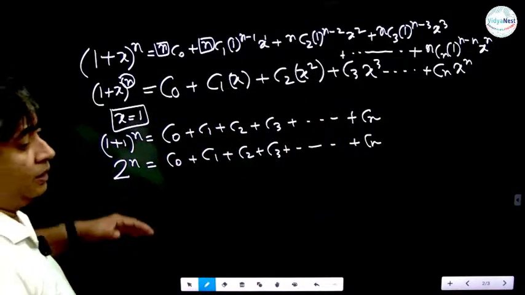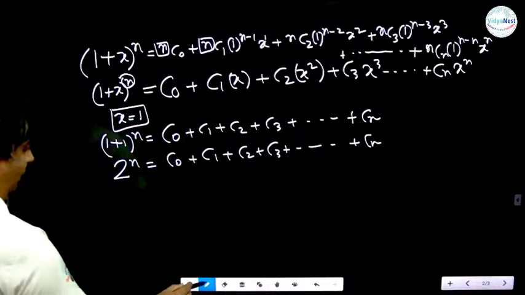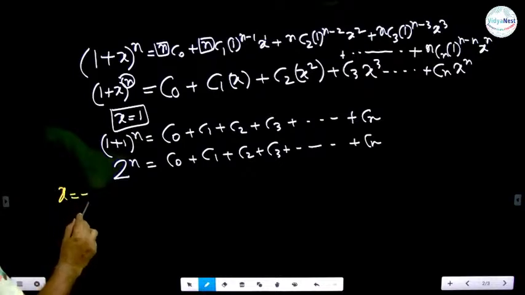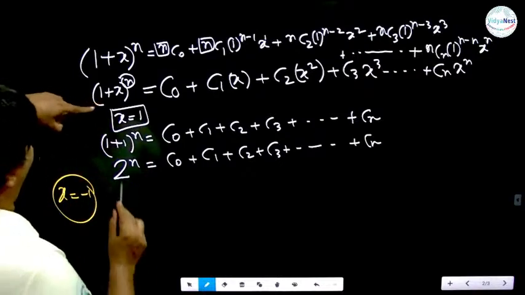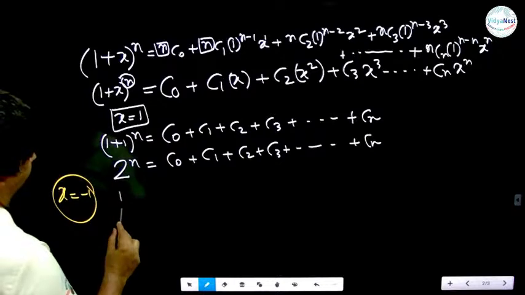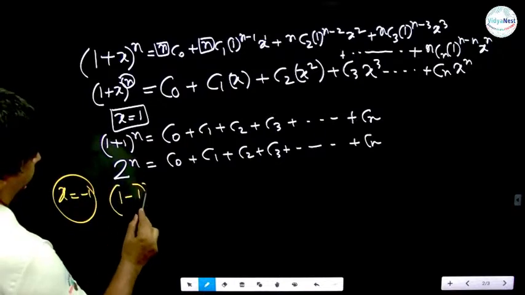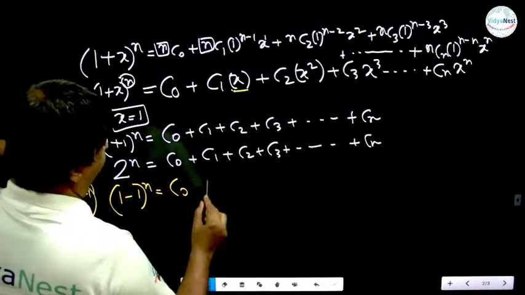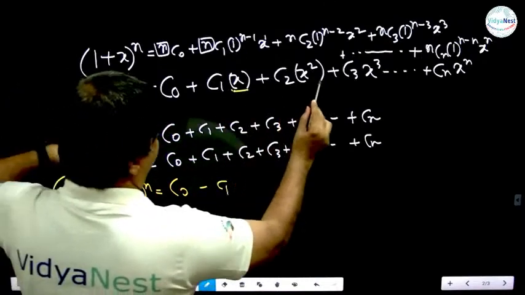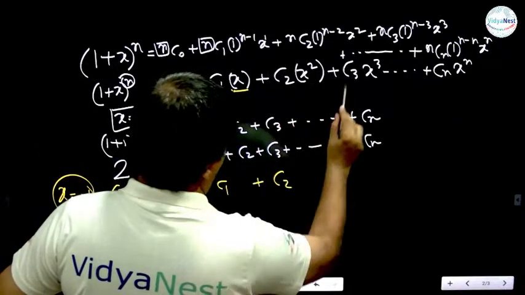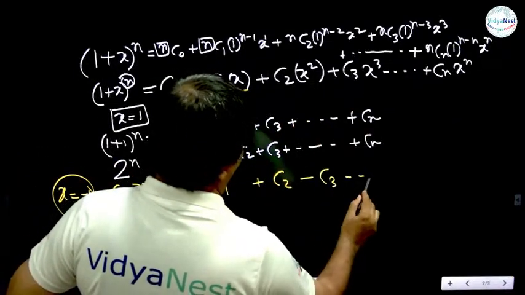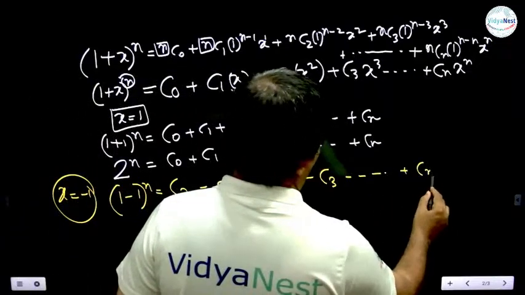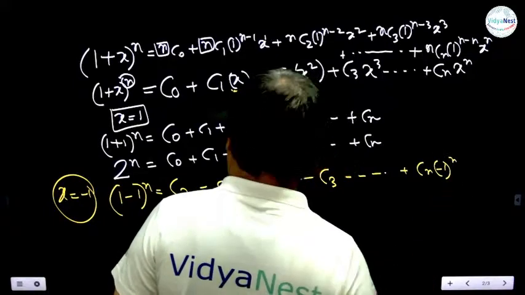Now, if I put x is equal to minus 1, will that give us the same thing? No, not at all. Put minus 1 in place of x. So C0, in place of x minus 1, minus C1 plus C2, minus C3, up to Cn into minus 1 to the power n.